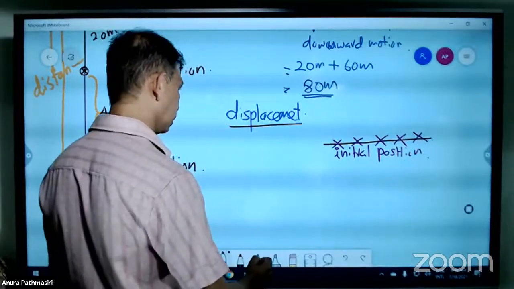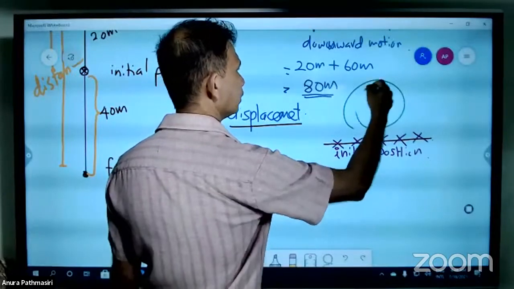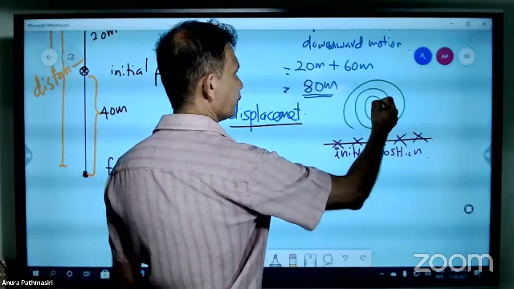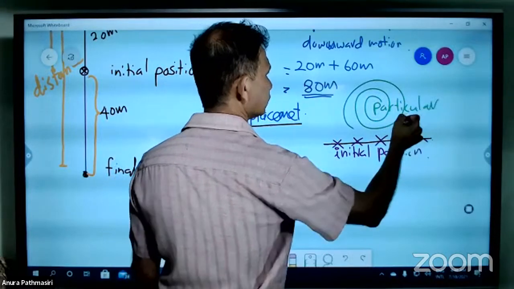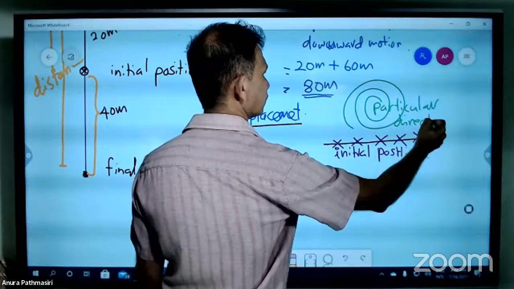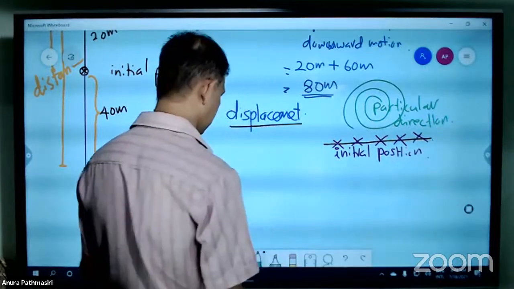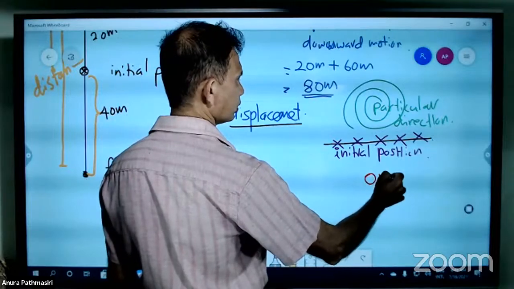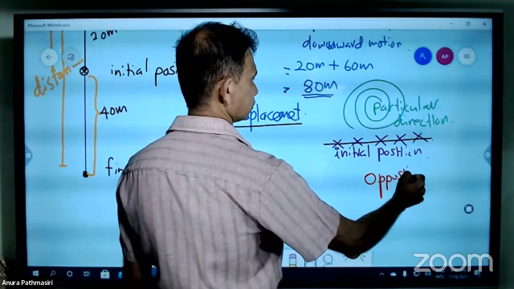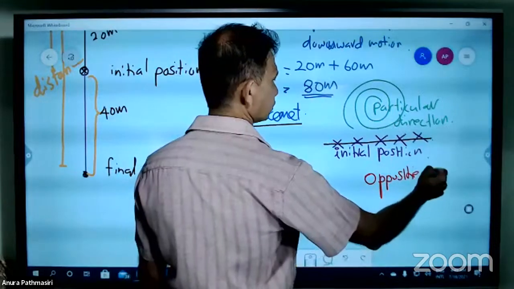And the area over here is the particular direction. And the other side is the opposite direction.